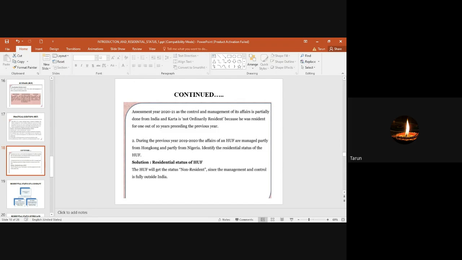Now, the two additional conditions are very similar to those of the individual case: 2 out of 10 years, and more than 730 days during the 7 previous years preceding the relevant year. So these two additional conditions will be unsatisfied in both of the questions.